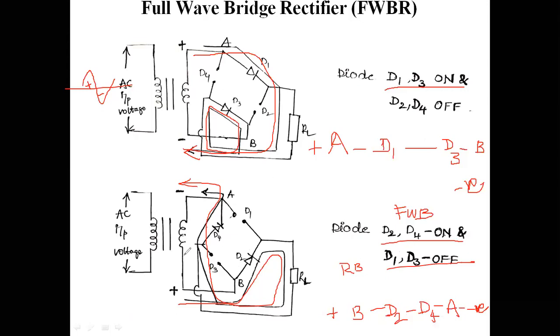This is with respect to the positive half cycle, and this is with respect to the negative half cycle. In the positive half cycle, diodes D1 and D3 are on and D2 and D4 are off. In the negative half cycle, diodes D2 and D4 are on and D1 and D3 are off.